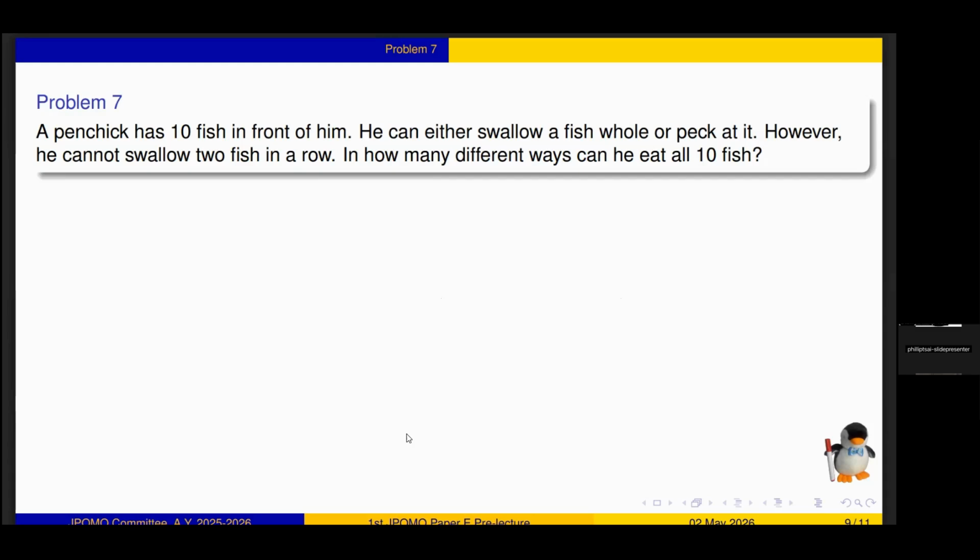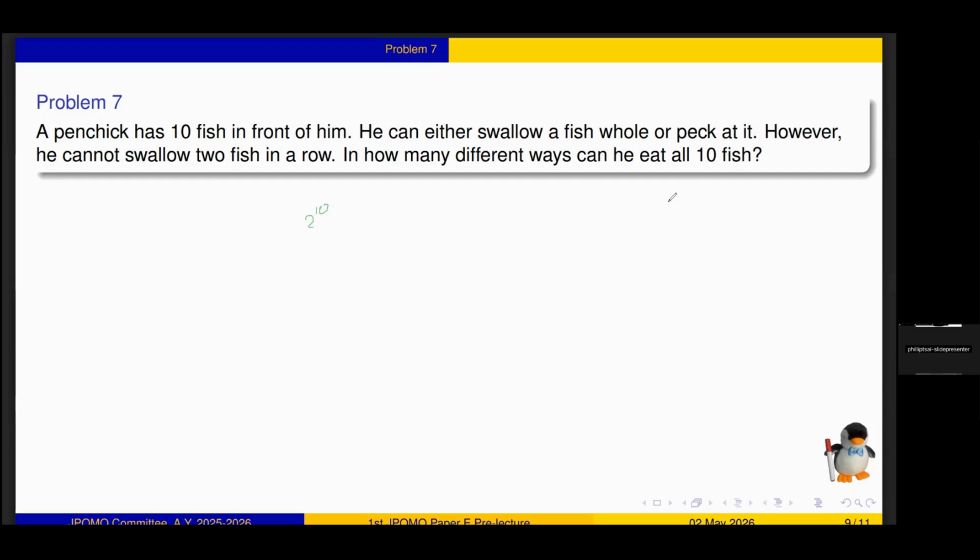Yeah, okay, guys. I mean, maybe it is a big number, but this is a really tight condition, kind of. Because there are at maximum 2 ways and 10 ways, right? Because he can either swallow a fish whole or peck at it. And those are the only two choices he can do, right? In order to eat the 10 fish.